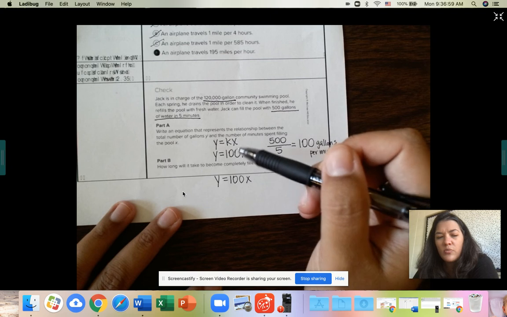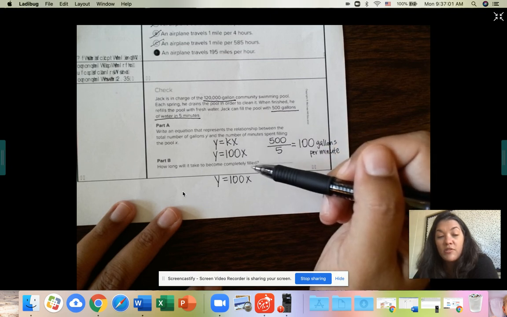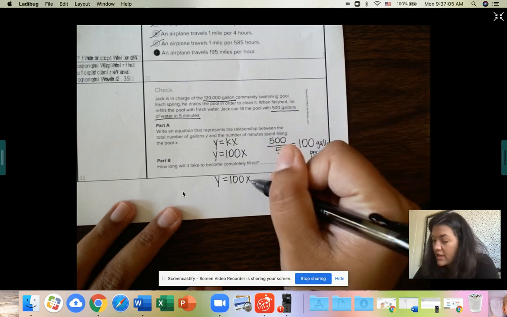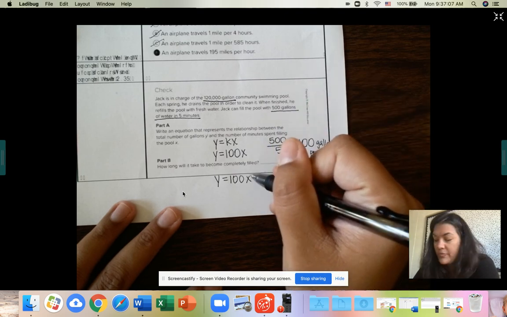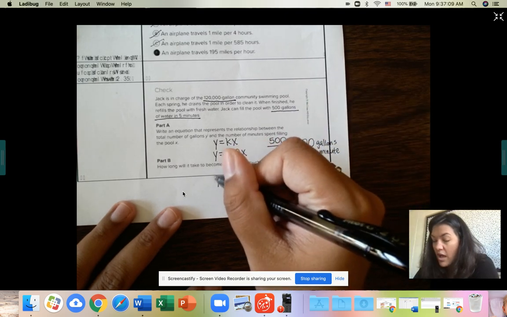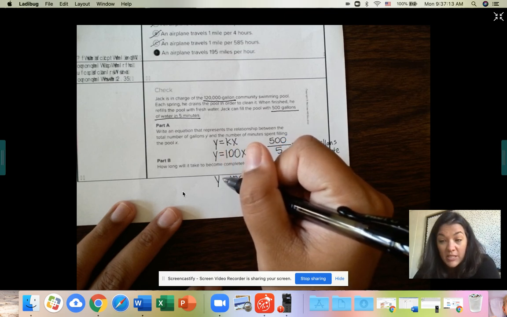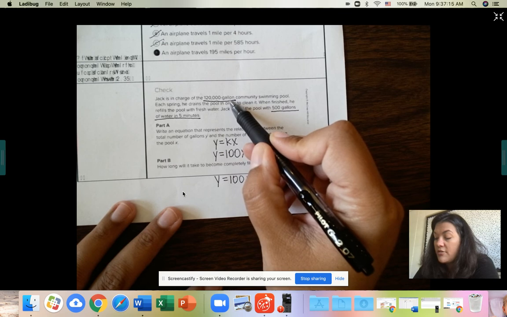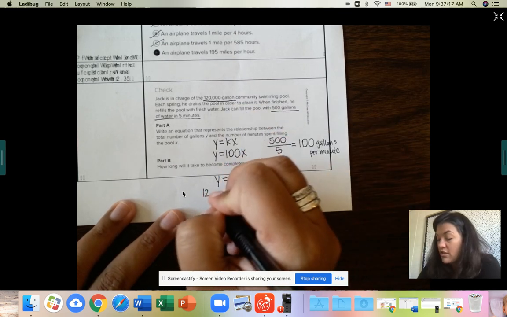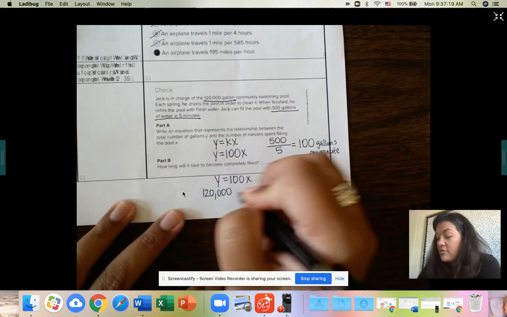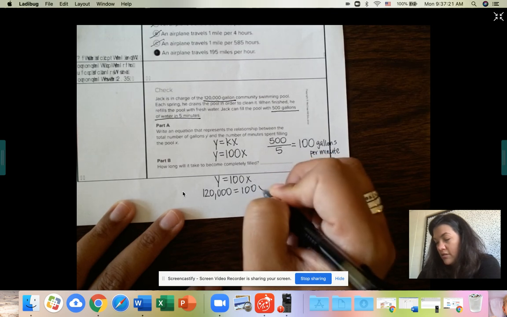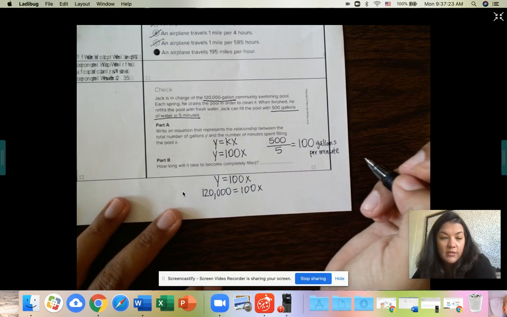So what are we trying to find? We're trying to find how long, which would be the minutes. Well, that's X. That's what we're going to try to find. So then that means I need to fill in Y so that I can solve for X. Well, Y represents how big is my pool? Well, we just underlined in our problem 120,000 gallons is equal to 100X.